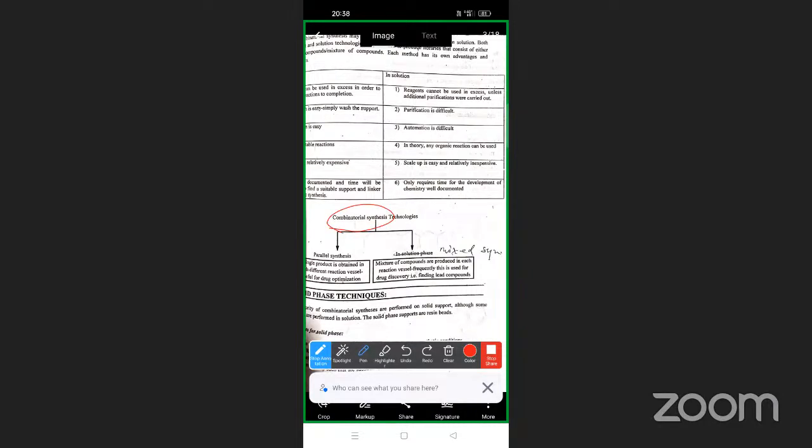In these synthetic banks, all the molecules are available, millions of molecules, not 1,000 or 100, with a variety of functional groups, a variety of core structures, and rings.